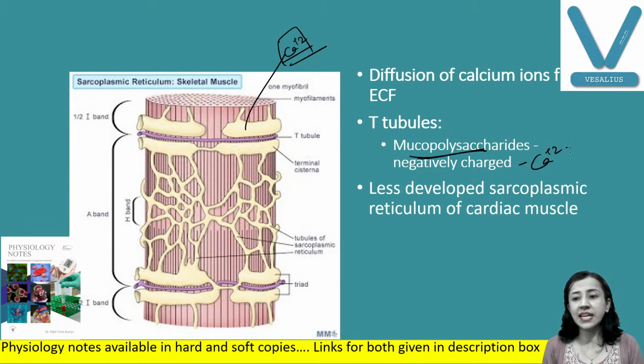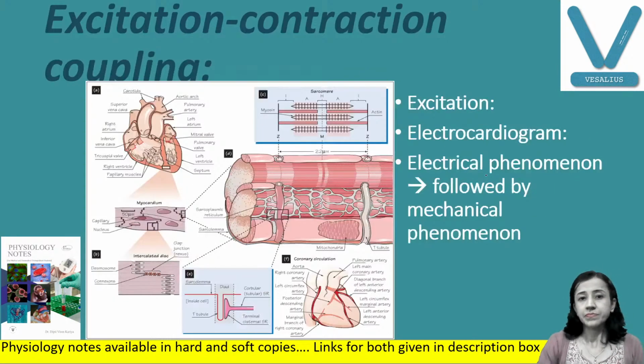So these calcium ions remain available in the T-tubules and are provided during muscle contraction. This is the reason why T-tubules are wider and have a large volume, because cardiac muscles have a less developed sarcoplasmic reticulum compared to skeletal muscle. Fine. So this is another difference.